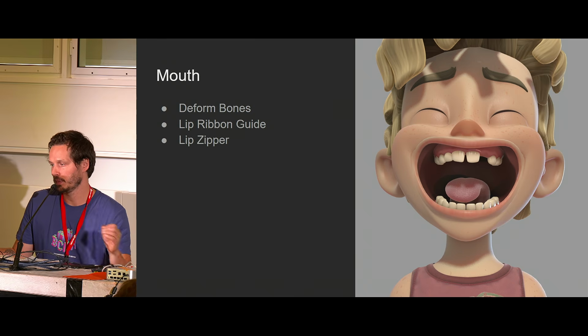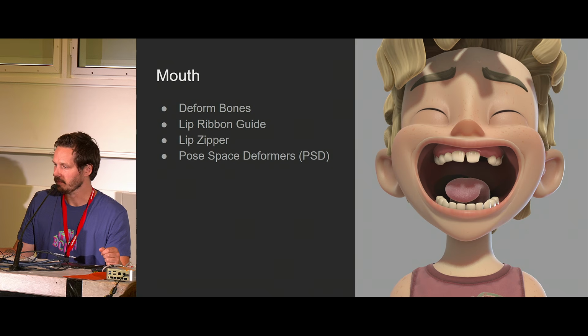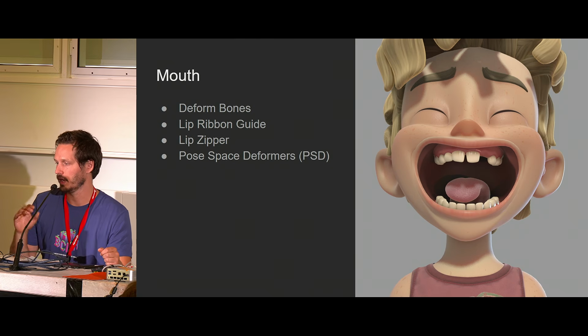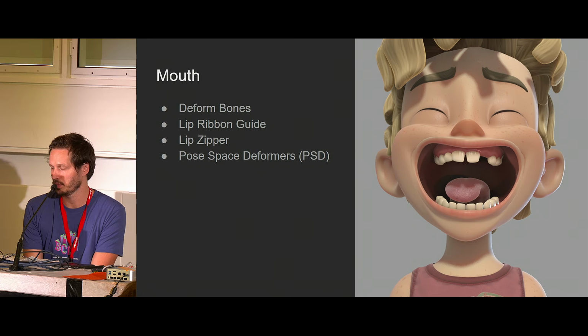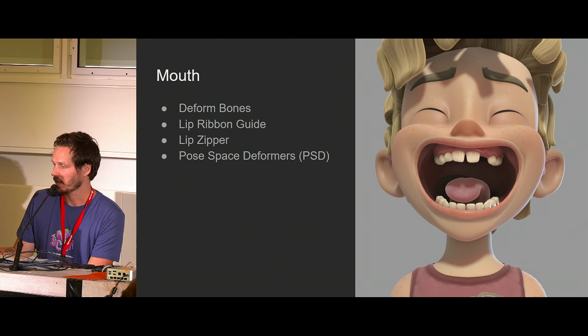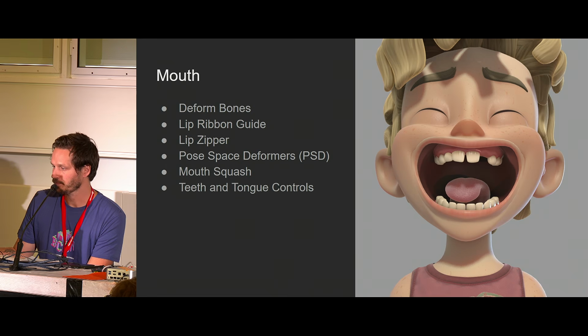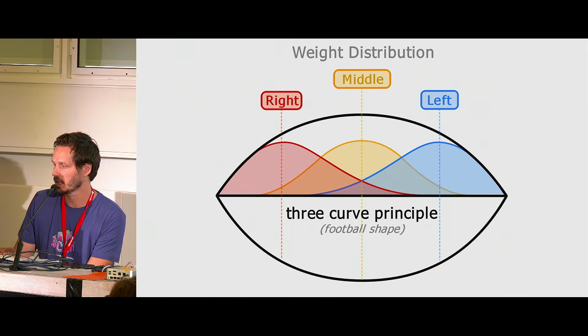And with the lip ribbon guide, I was able to make a lip zipper, and on top of the lip ribbon guide, the pose space deformers that were created with the pose shape key add-on. And additionally, some mouth squash as well. Teeth and tongue controls, those are pretty straightforward.